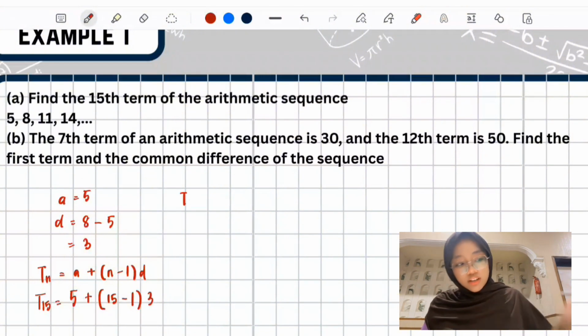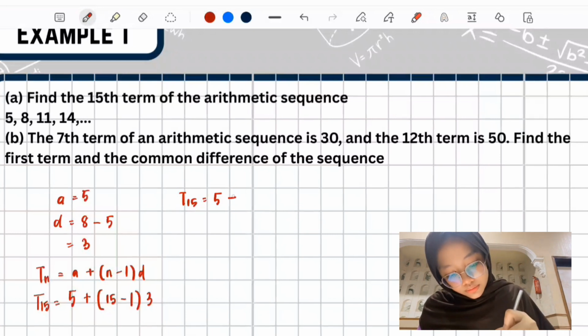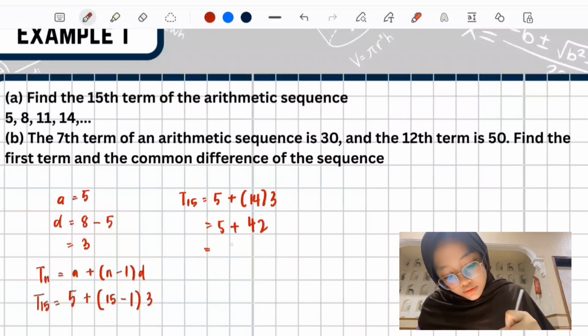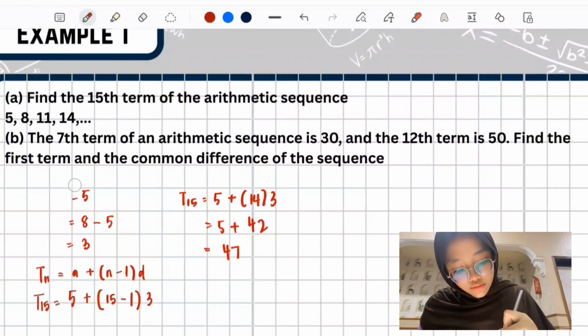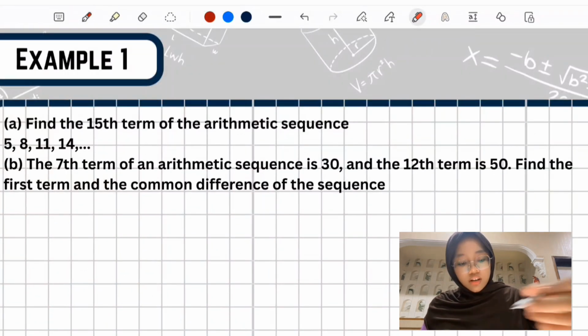So finally you will get 5 plus 14 multiplied by 3. 14 multiplied by 3 is 42. 42 plus 5, you will get 47. So this is the final answer.